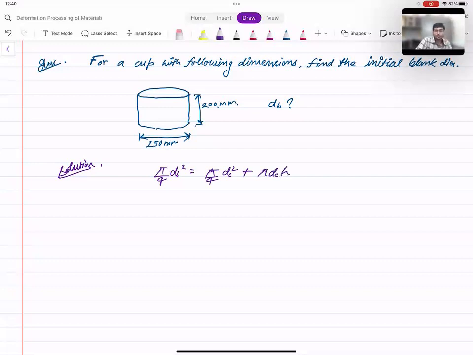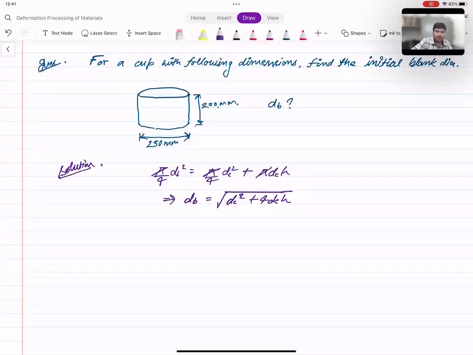So this was the relation, and this pi gets cancelled out from everywhere. This 4 if goes that side, then it becomes dB will be nothing but under root of DC square plus 4 DC H.